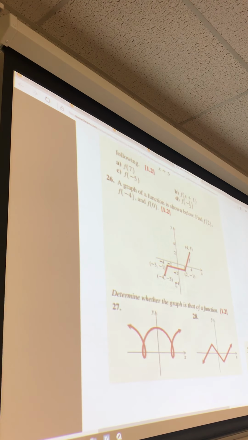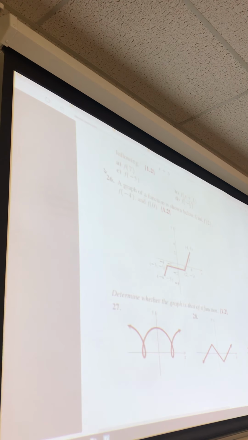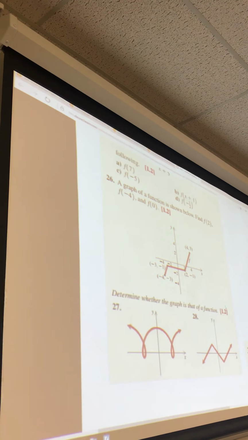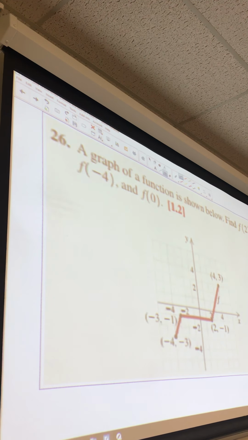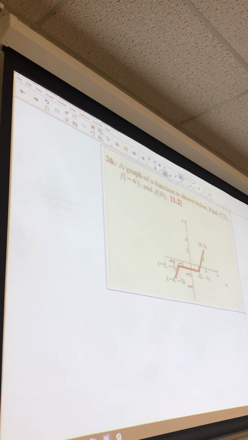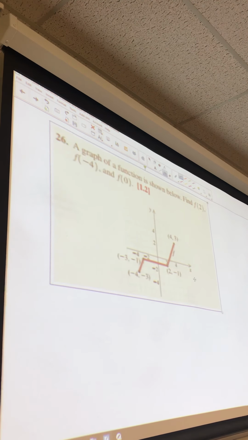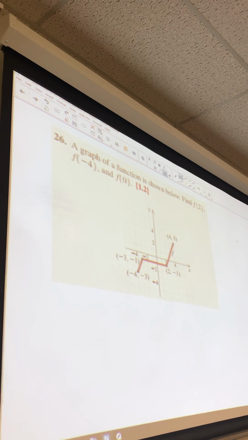Okay. All right. On number 26, what did we learn about finding the function values from the graph? It's kind of blurry when I pull it up, but I think on y'all's sheets you can read a little better.